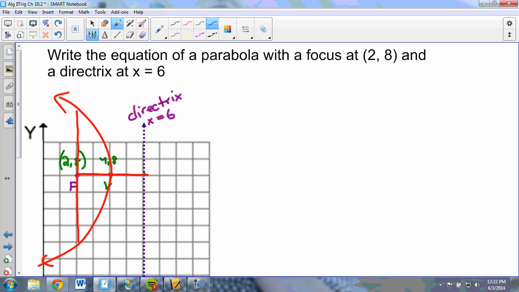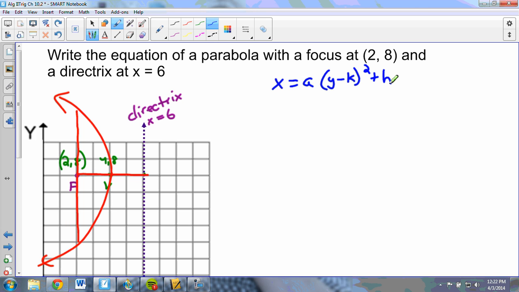X equals, so it's going sideways. I minus k squared. We're going to find A, H, and K in this parabola. Well, do I know any of those?